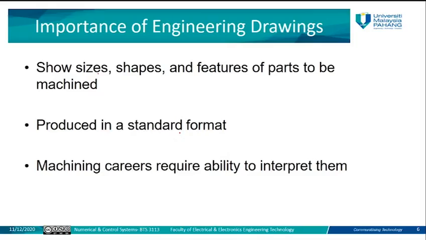Usually there are different types of engineering drawing. Engineering drawings are used by electrical engineers, electronic engineers, manufacturing engineers, and mechanical engineers. Also construction engineers and architecture engineers have their own standard for performing these drawings.